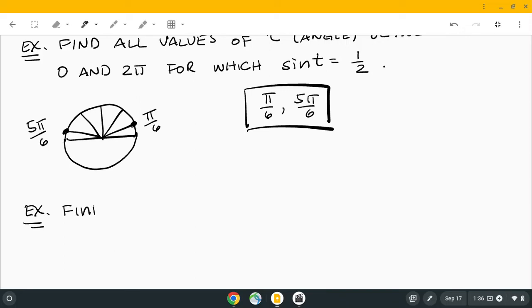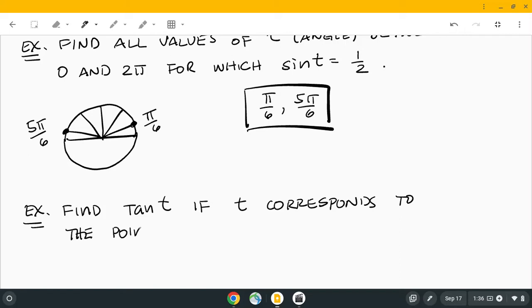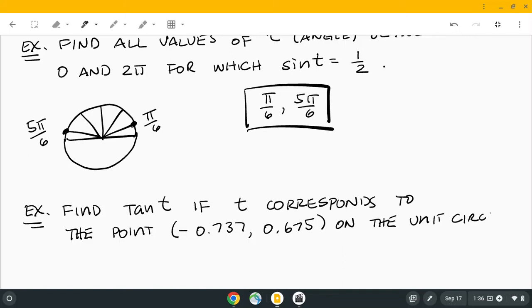Find tangent t if t corresponds to the point negative 0.737, comma, 0.675, on the unit circle.